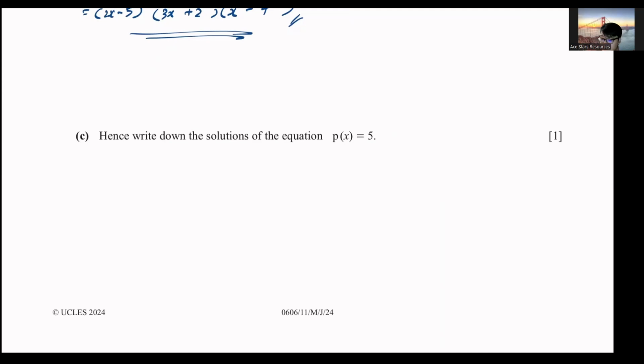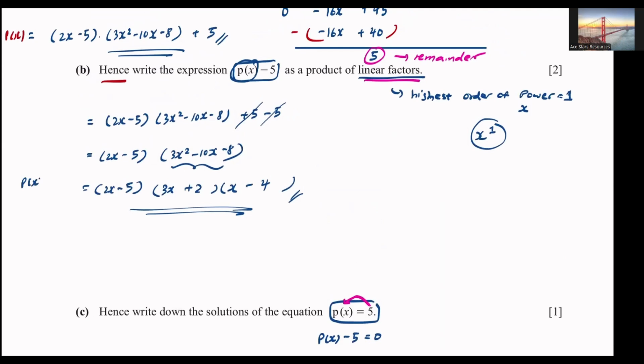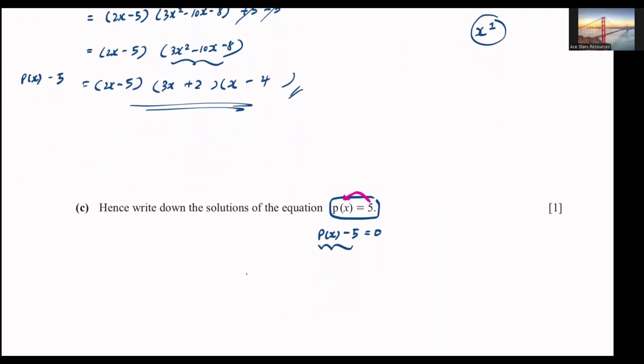So technically they wanted to trick you for this, but if you move the 5 to the other side, it will be p(x) minus 5 equal to 0. Remember what your p(x) minus 5 is equal to? Yes, you have it on the top part, right? So all you need to do is just replace this whole thing with 2x minus 5, 3x plus 2, x minus 4 equal to 0.